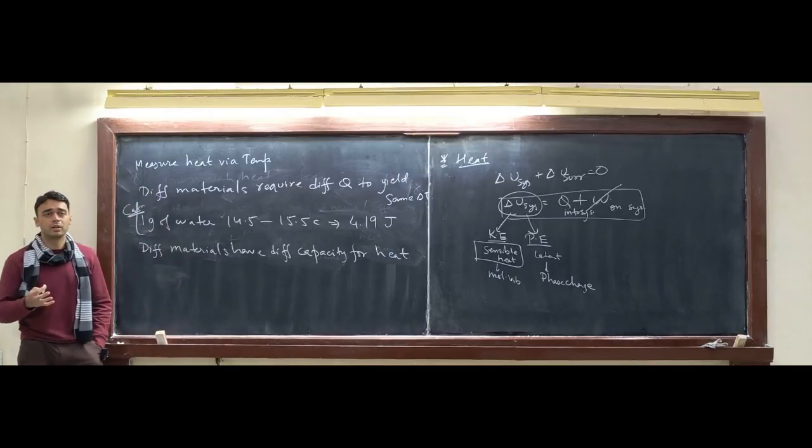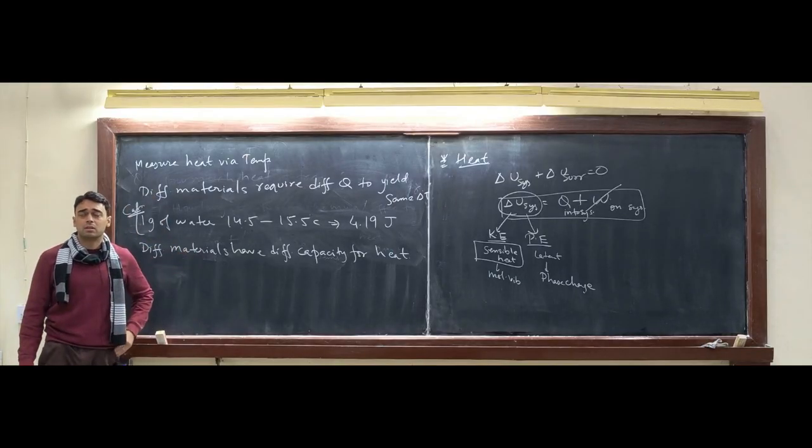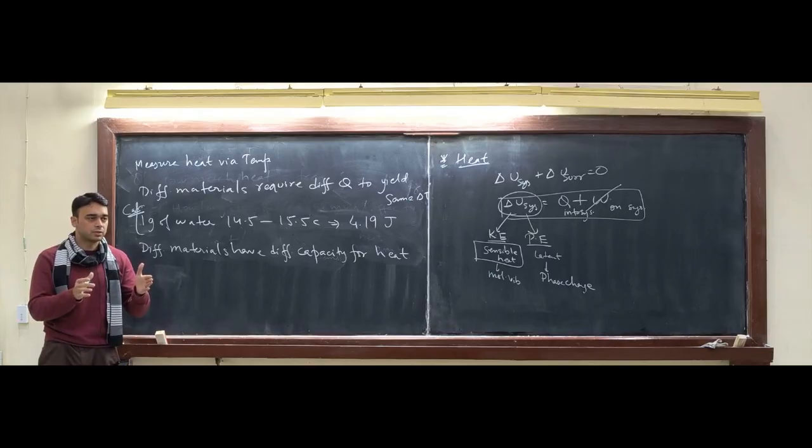We took water of 1 gram, let's say, and what would we measure in such an experiment? Temperature change, right? So basically, in an experiment you keep the system in observation and you change one thing at a time, right?